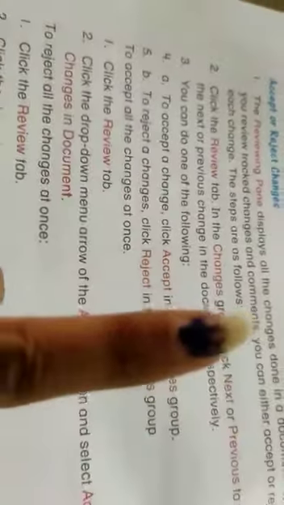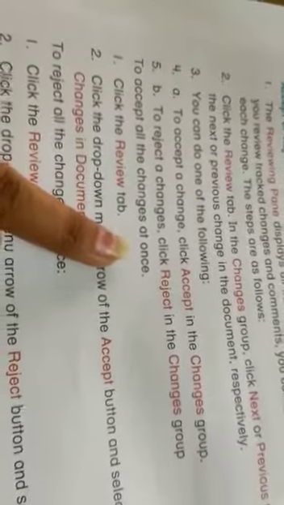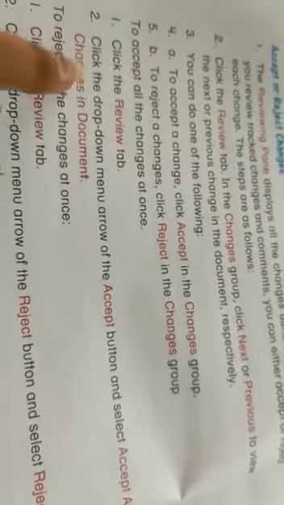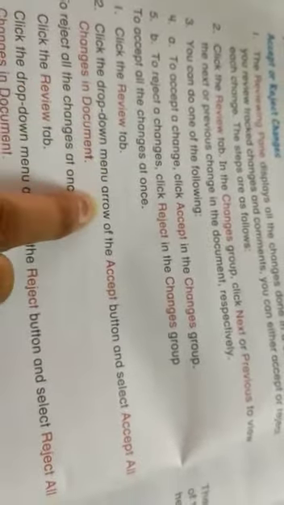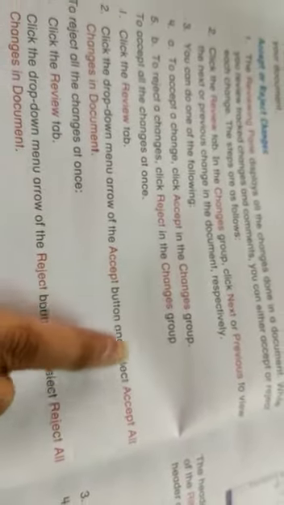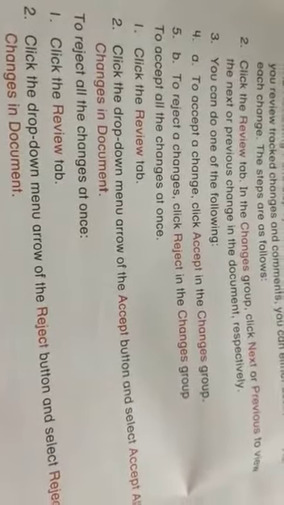To accept all the changes at once, if you want to accept all the changes at one time only, click on the Review tab, click the drop-down menu arrow of the Accept button and select Accept All Changes in the Document.